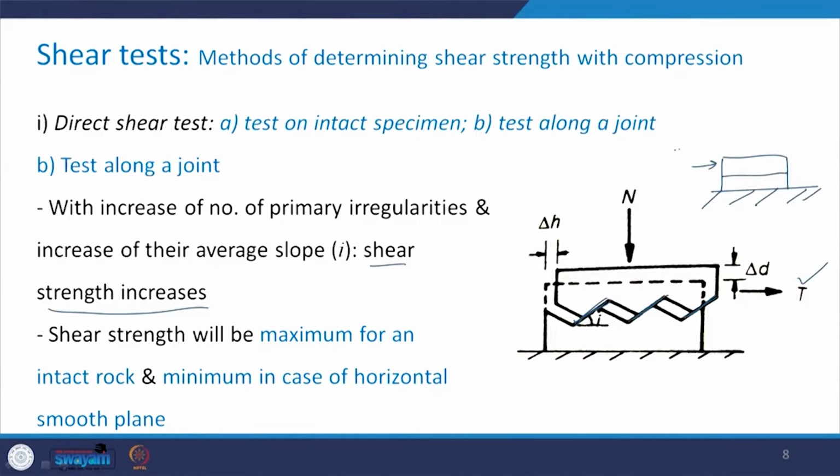If this is the horizontal plane and you have this T, this is how it is going to be displaced. So, in this case where the plane is horizontal and smooth, you have the minimum shear strength.